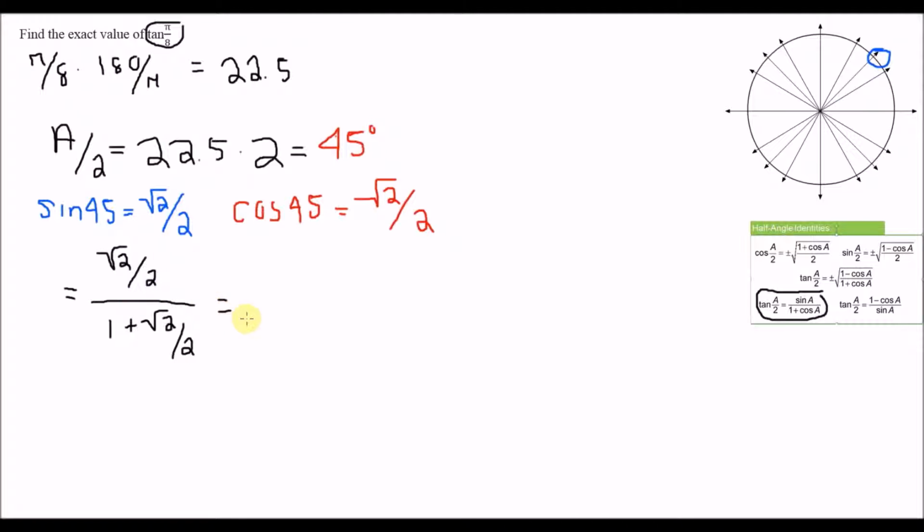So I'm just going to leave the numerator as it is, but in the denominator, I'm just going to add 1 to square root of 2 over 2. And what I get when I do that is square root of 2 plus 2, over 2.